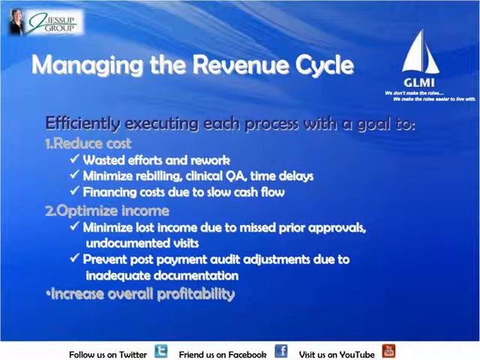Likewise, if you have visits that are made but not documented, then they can't be billed and you've lost some income there. When you look at OASIS coding and the ability to maximize your reimbursement through your coding process, a more standardized approach may allow you to optimize income.